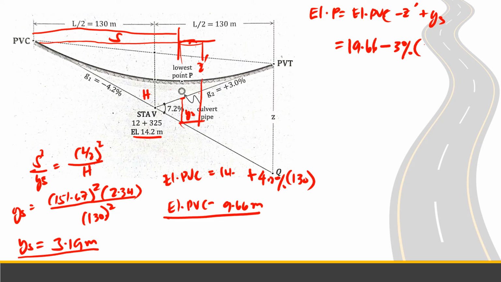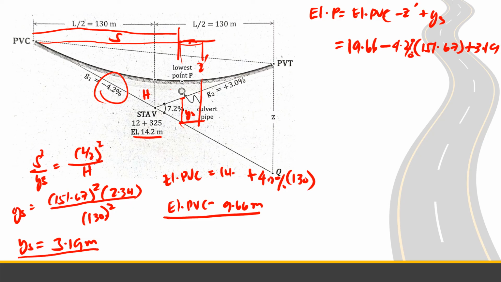We still use the grade of the backward tangent, 4.2%, multiplied by S, 151.67, plus YS, which is 3.19 meters.